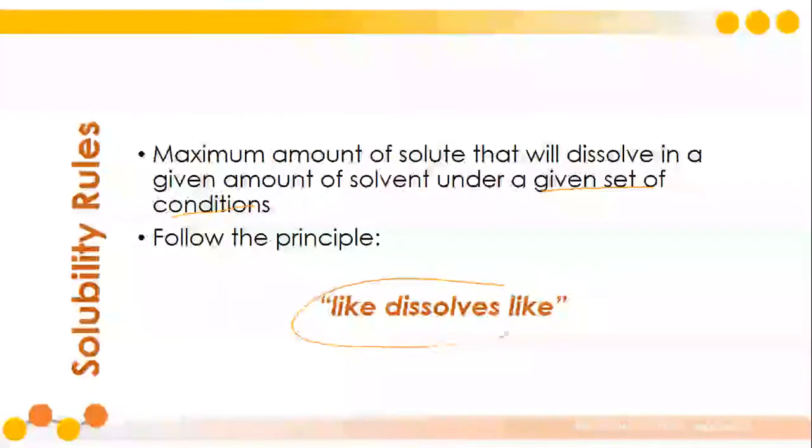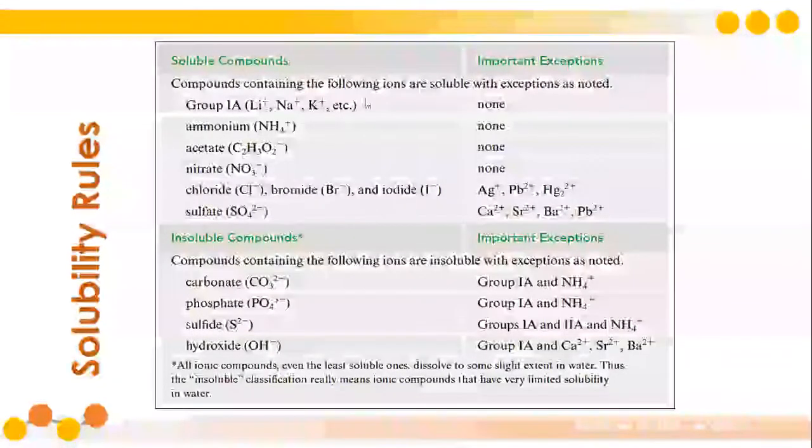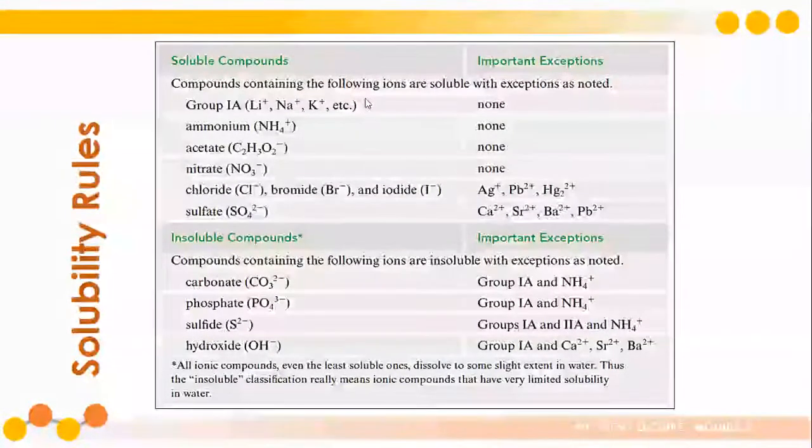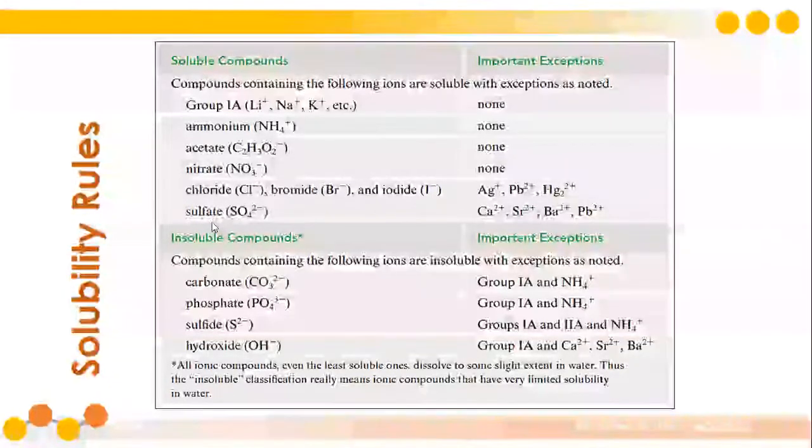Please remember this one too. Like dissolves like. Let's take a look at this table wherein you will see the different compounds that can be dissolved in water. We have here soluble and insoluble compounds.